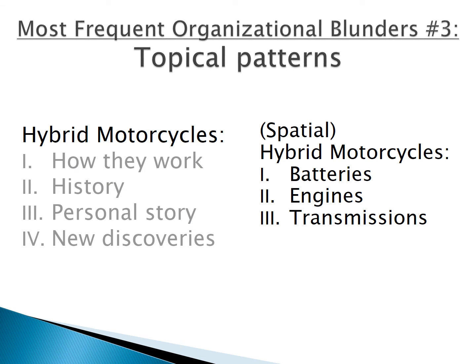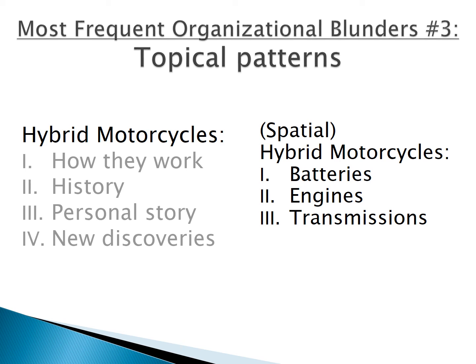Maybe make it spatial. I'm going to talk about hybrid motorcycles. I'm going to talk about the parts of the motorcycle, right? The batteries, the engines, the transmissions. That's the important part that makes a hybrid motorcycle different from an internal combustion, gasoline-powered motorcycle. So just really focusing on the drivetrain. But I could do it spatially.